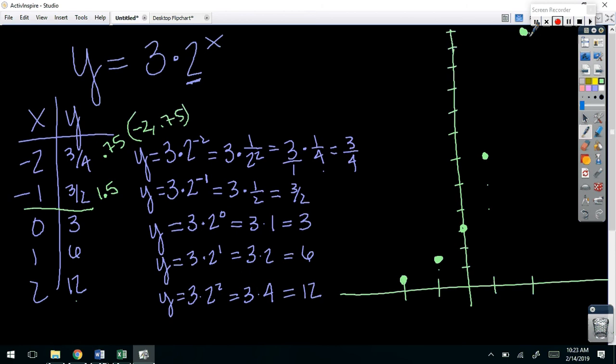Do you see the shape? It's going up here. And it's coming around and hugging this line.